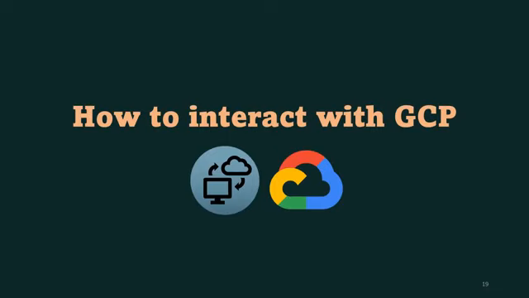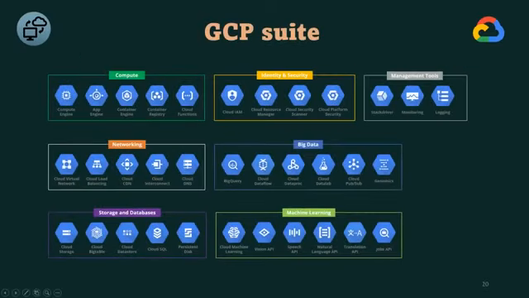Let me start. We already know that Google provides a service portfolio with compute services, IAM services, networking services, big data services, storage and database services, and machine learning services.